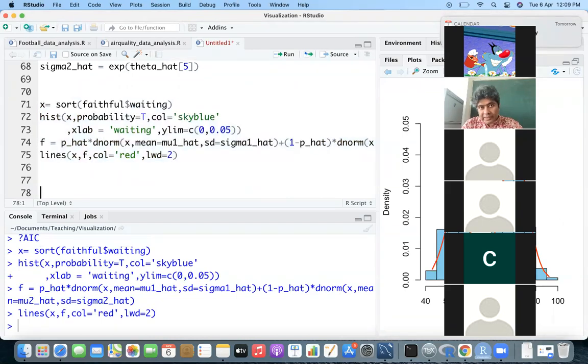In this case, I can do an inference. What kind of inference?